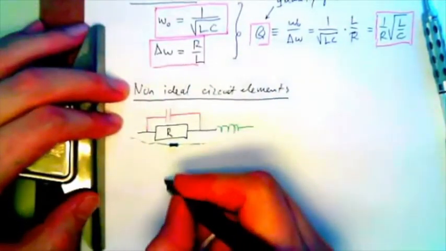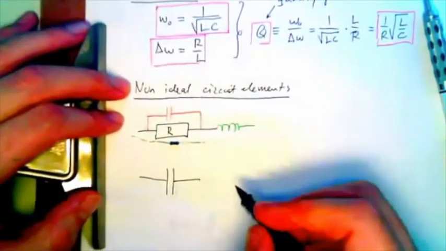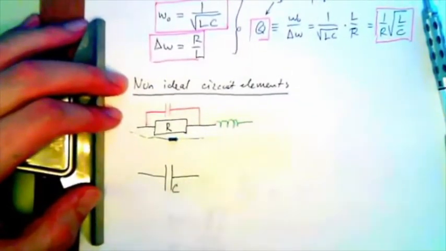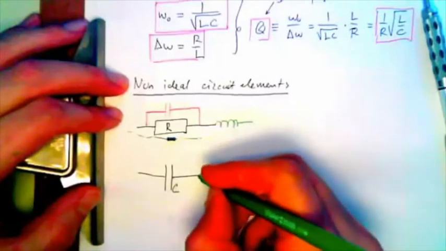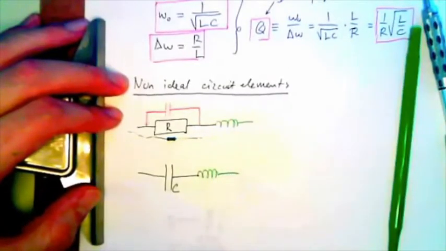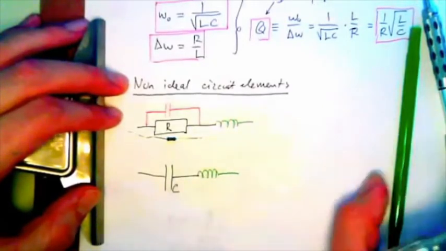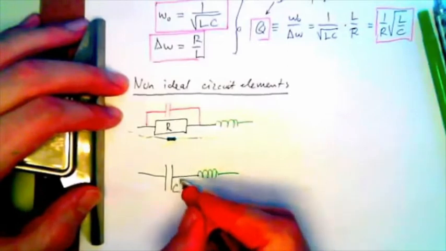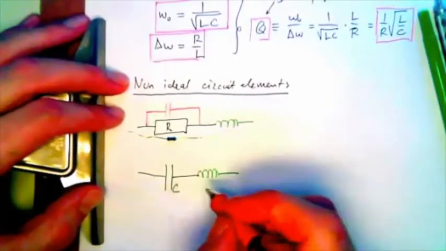Now let's talk about the capacitor. This capacitor has the same leads that this one has. So there's an inductor here. What is a little harder to visualize is the resistance, because what are the losses here? Well, this thing is made of wires, and these wires will have some losses in them, right?